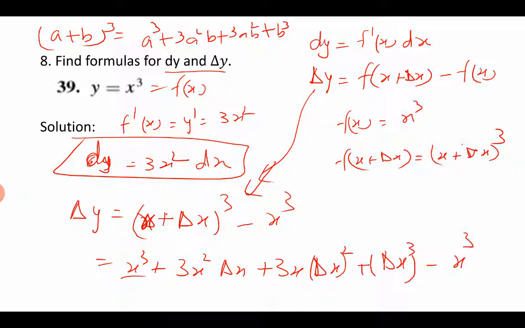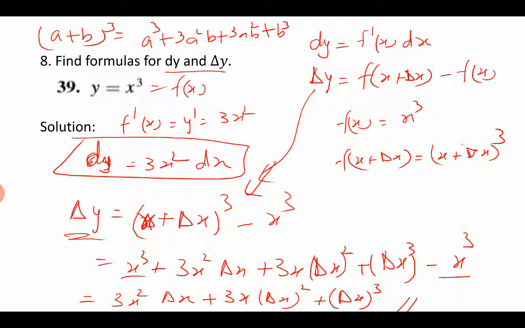So first x cube and last x cube will be cancelled. Rest will be 3x square del x plus 3x del x whole square plus del x whole cube. That is the del y. That is it.